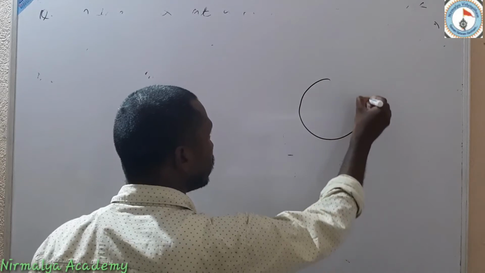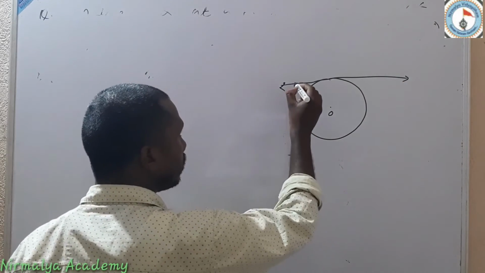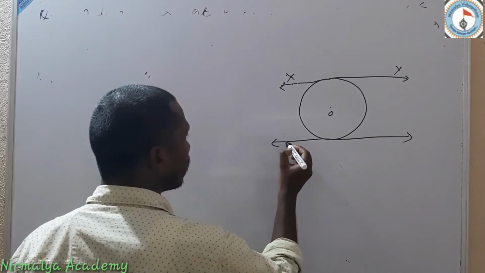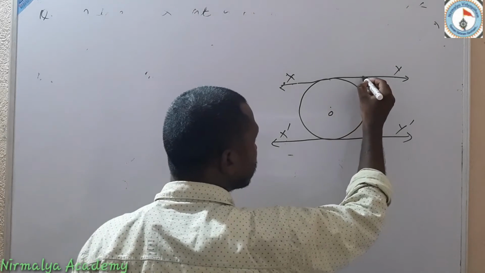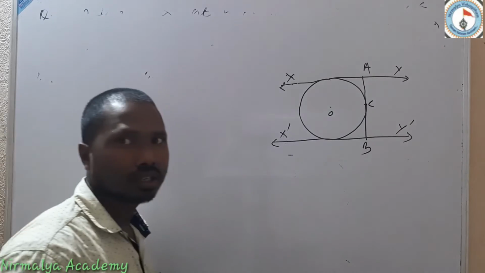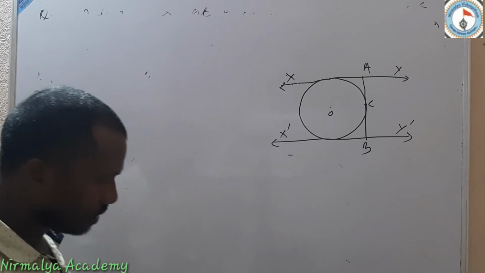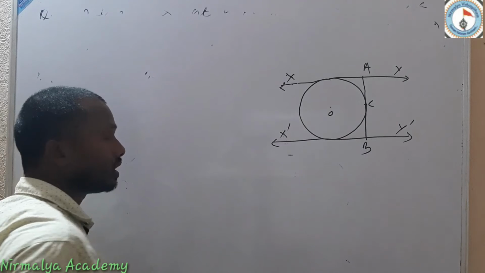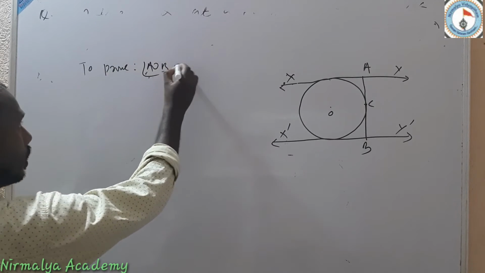So a circle with center O and two parallel tangents XY and X'Y' and another tangent AB intersecting the circle at point C. At point C, that is the point of contact, this tangent intersects XY at A and X'Y' at B. We have to prove angle AOB equal 90 degrees.